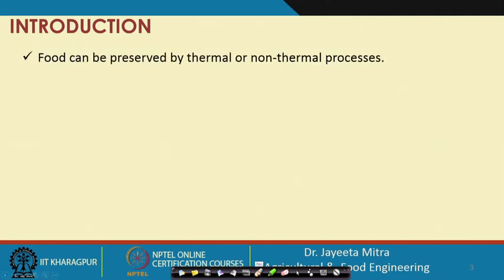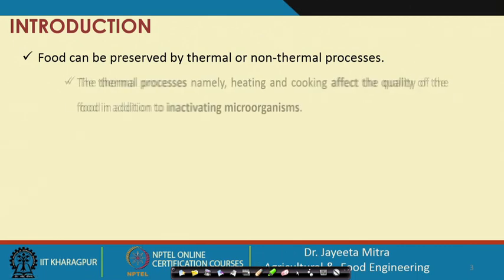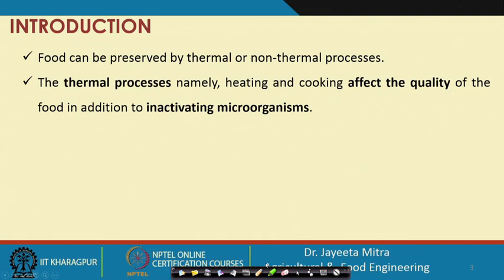First of all, we can mention that food can be preserved by thermal or non-thermal process. Before the invention of these non-thermal techniques, the common perception was that for inactivation of microorganism only thermal treatment would be effective. This thermal process, such as heating and cooking, affects the quality of the food in addition to inactivating the microorganism.